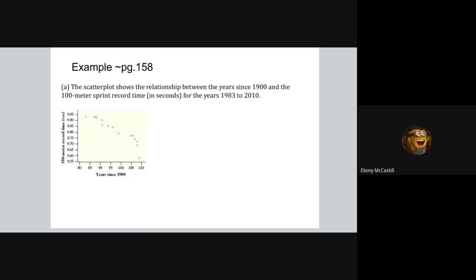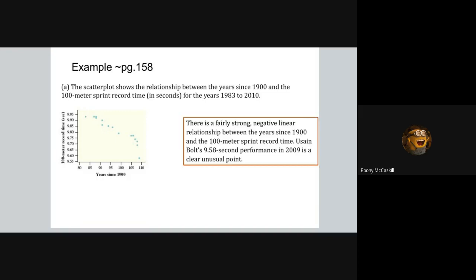The form: is it linear or non-linear? Take a second to think. And lastly, the strength: strong, moderate, weak, moderately weak, moderately strong? Take a second to think. Let's see. It's fairly strong, moderately strong, negative, and it's actually considered linear.